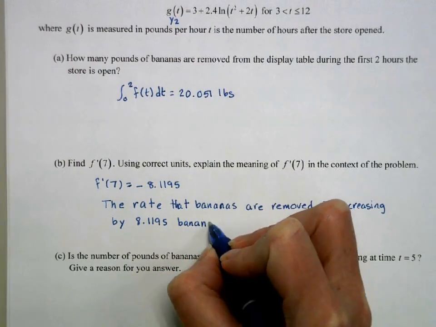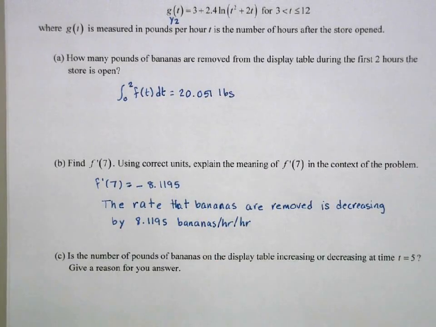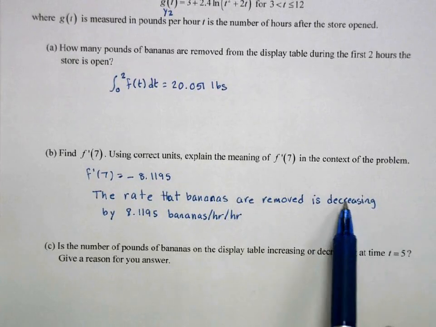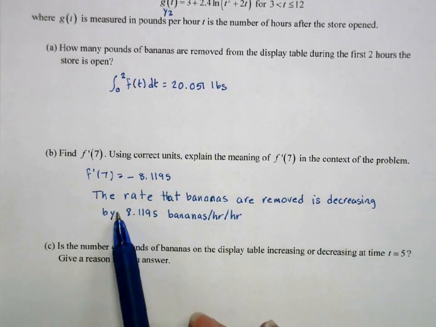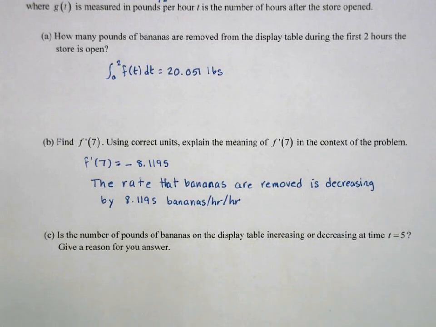So it's the rate of change of our rate. Okay, again, you can say changing by negative, and that would be equivalent. I think just decreasing is a little bit more specific, but we do have to drop that negative and be a little bit deliberate with that.